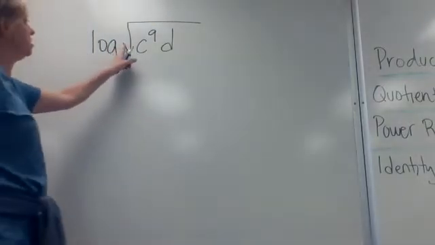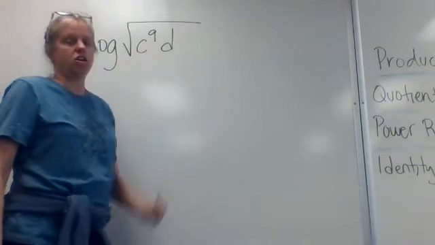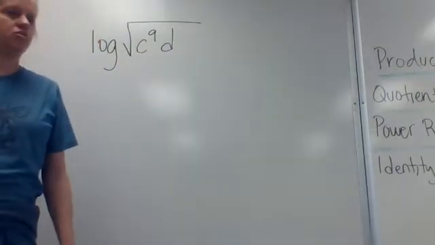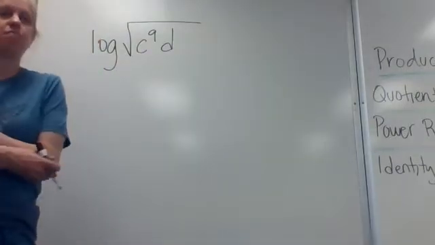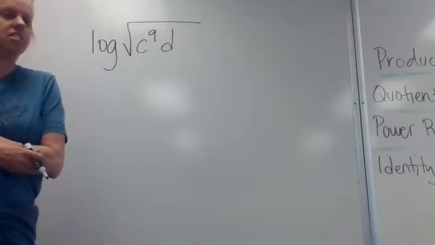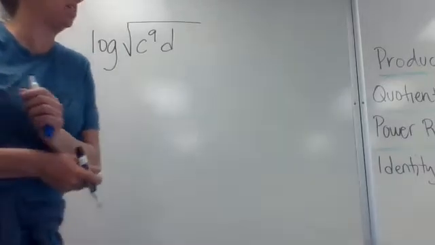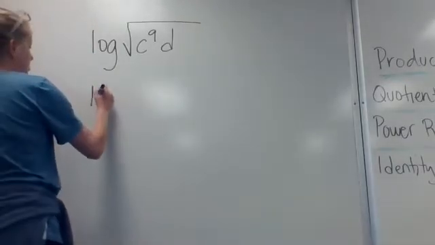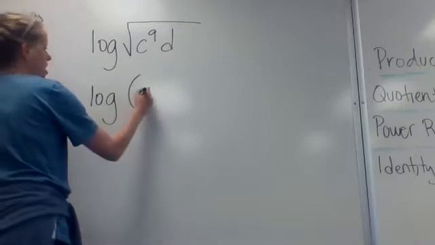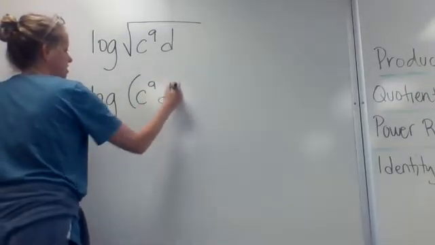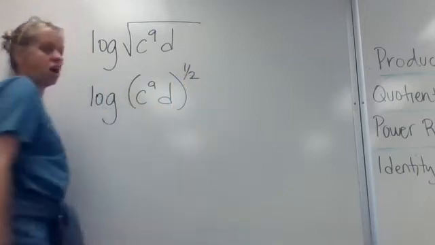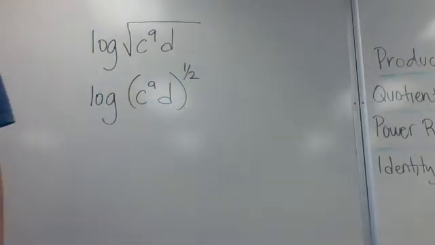So the first thing I'm going to do is turn that square root into the 1/2 power, right? That's the same thing as the square root. It's raising all that to the 1/2 power. So that'll look like this. Log of c to the 9th d all to the 1/2 power.